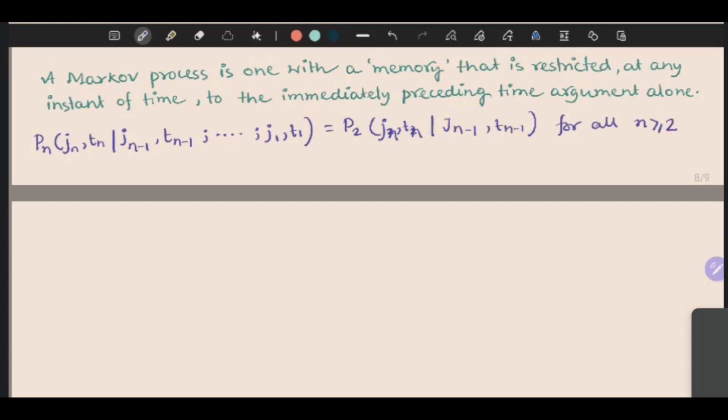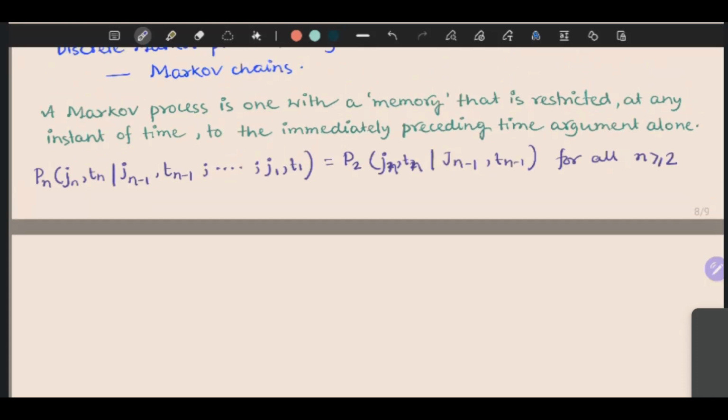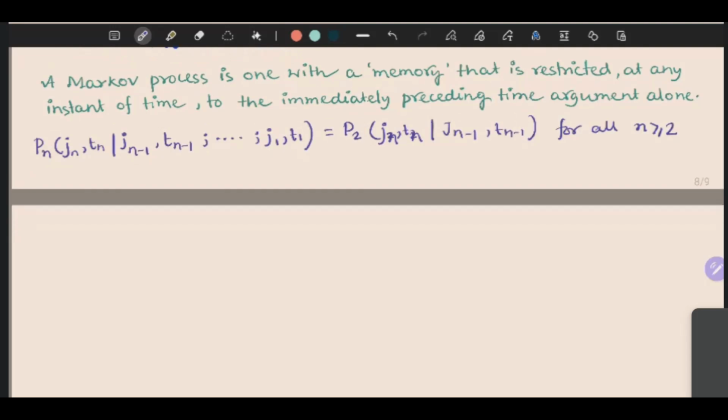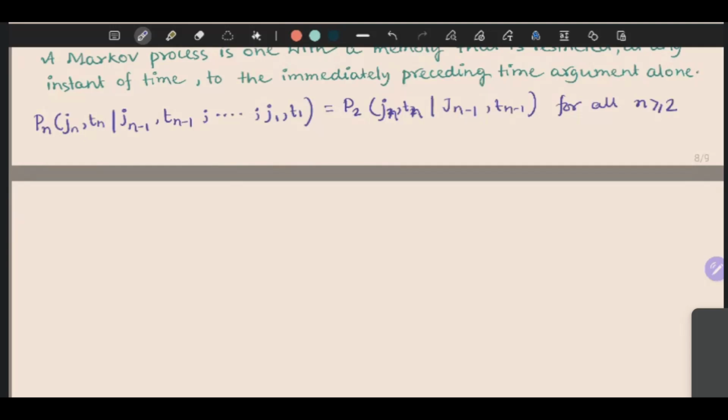We are saying that it does not depend on the earlier steps, only on the immediate past step. So the nth step will only depend on the n minus 1 step; it remembers just one step back, otherwise it will not remember.